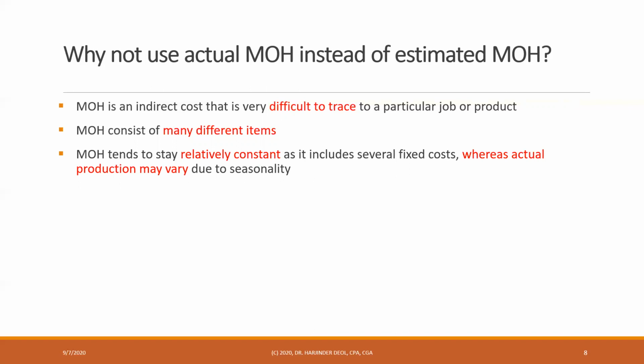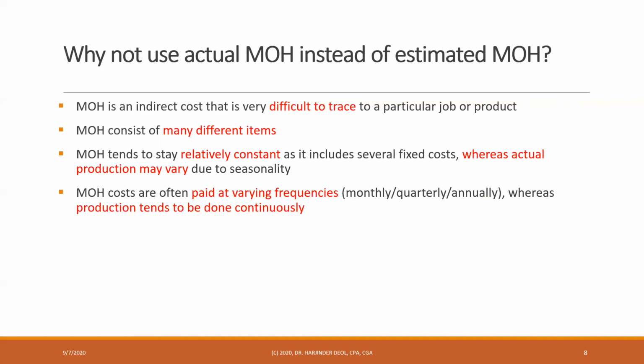So using a predetermined manufacturing overhead rate helps smooth the impact of seasonality. Manufacturing overhead costs are often paid at varying frequencies as well. Production tends to be conducted continuously. So once again, using a predetermined overhead rate to charge to various jobs is helpful in smoothing out the costs.